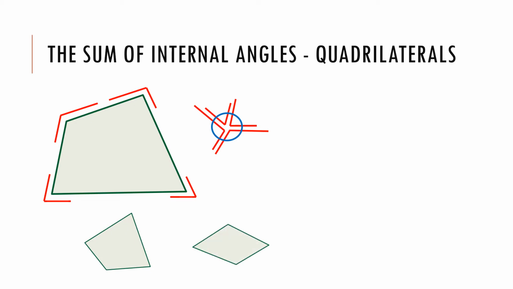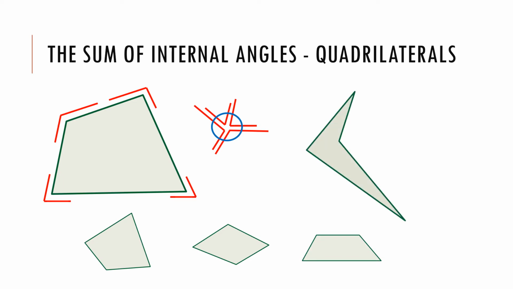You can try this for other shapes like these, but at some point, for example with this L-shaped quadrilateral, it's perhaps easier to cut the quadrilateral in half, measure the angles, and then add them up. This is called subdivision, and this is the strategy that we're going to take.